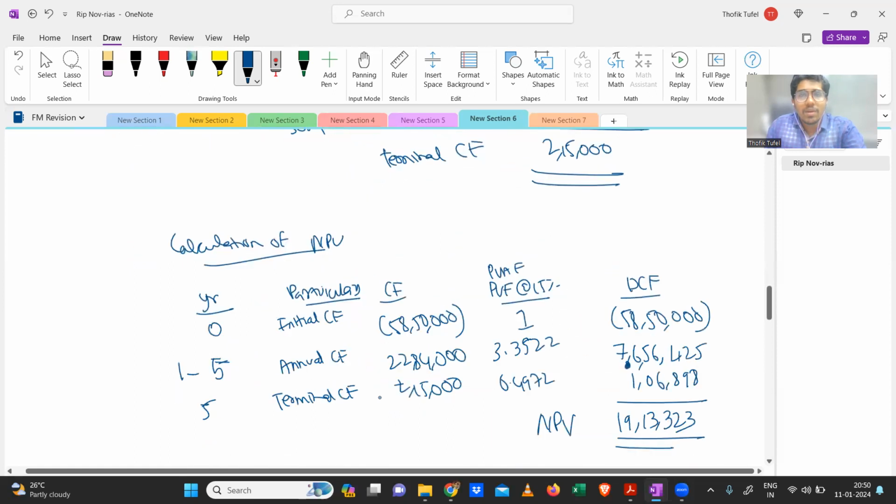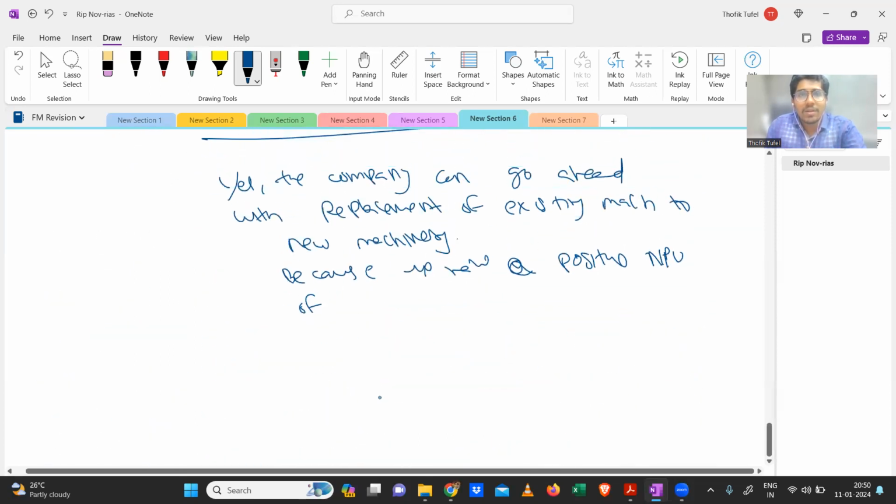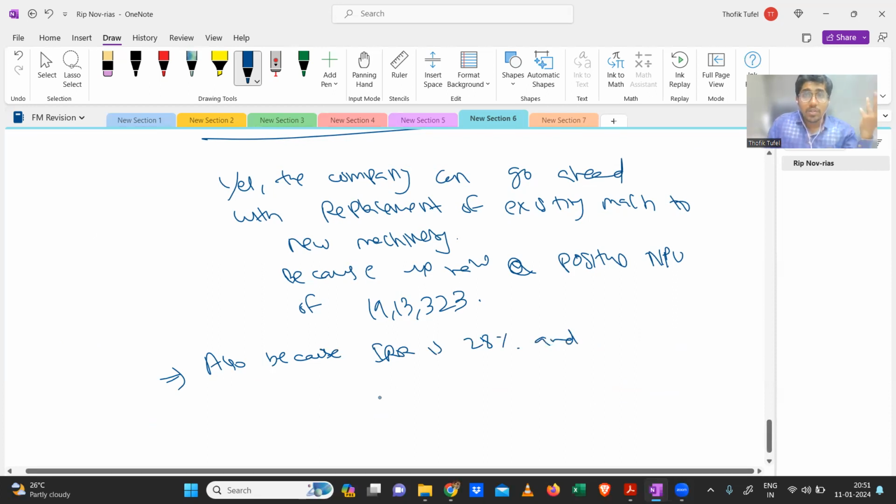We have NPV 19,13,323. Also, just write the IRR point of view. Also because IRR is 28 percentage, and the cost of capital of the company is 15 percentage.